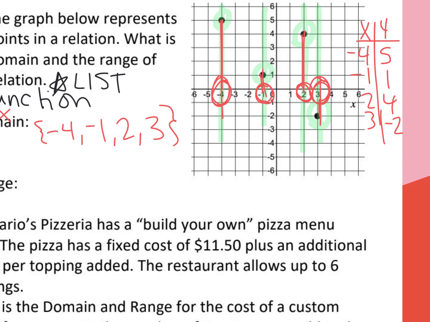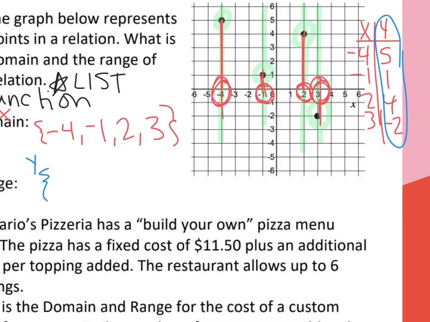We can do the same thing on our range. You can look at your table if you made your table. Okay, remember that your range is your y. So your range is going to be, now, let's do this. Let me undo that. We need to go least to greatest.